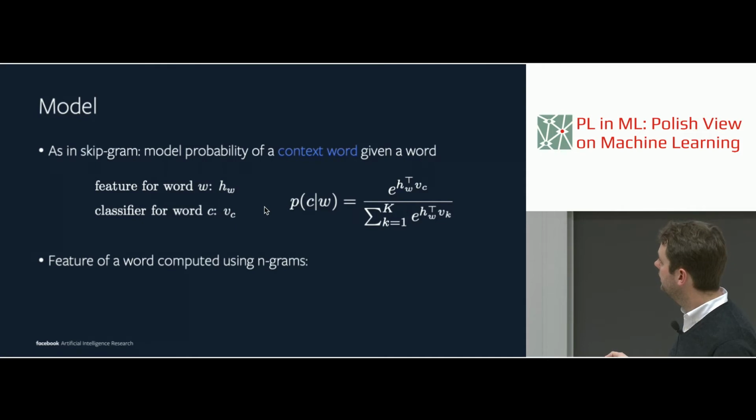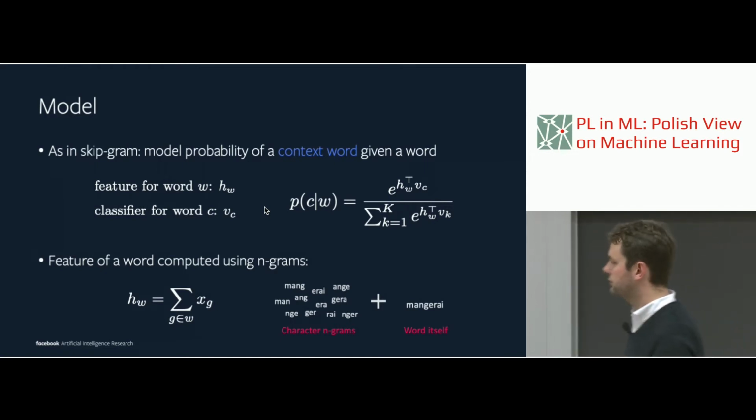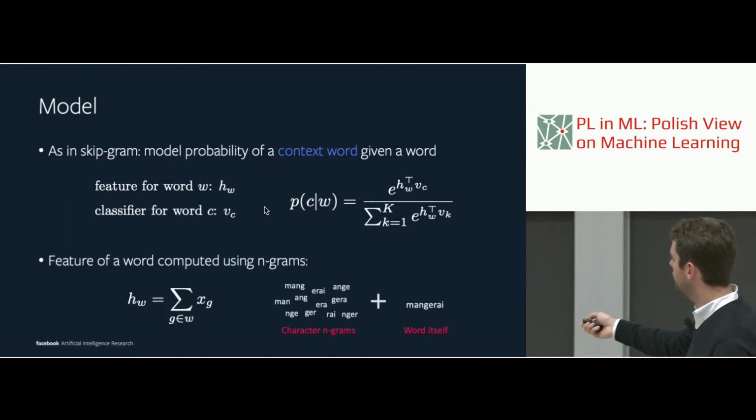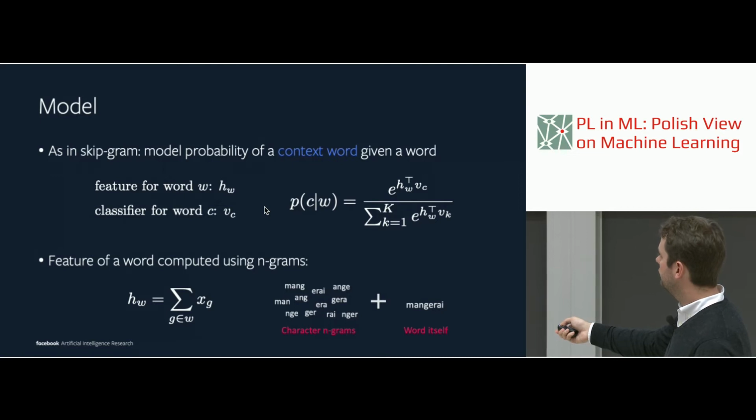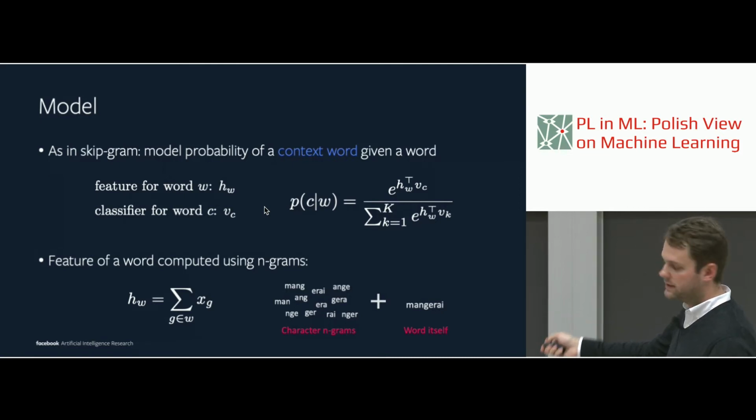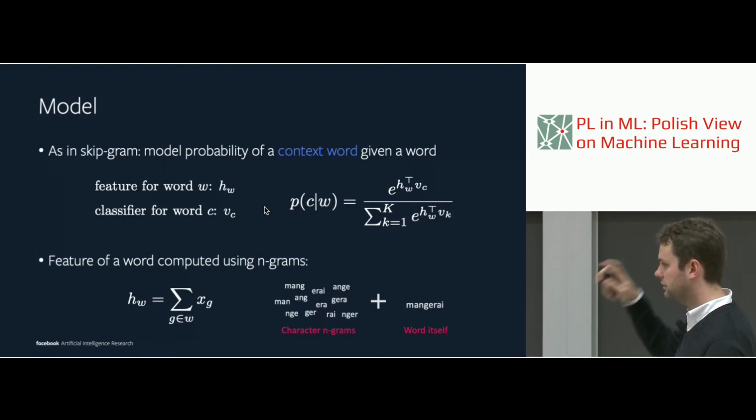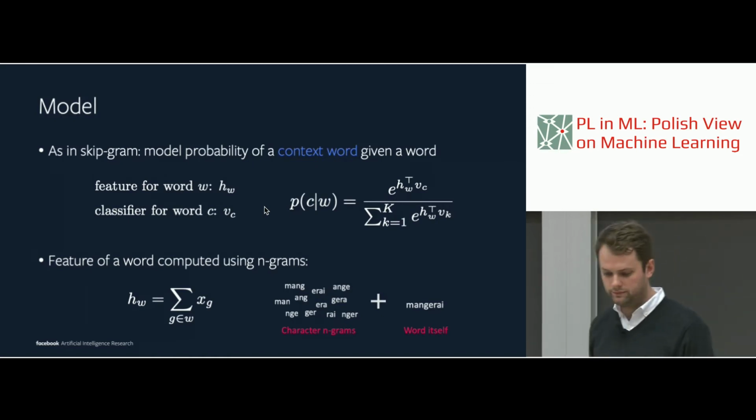And this time, the feature for the word W, it's not XW, it's HW. And we say that it's the sum over character n-grams, and we have a representation for each character n-gram. So for the word mangerai in French, you're going to have a vector for the word itself plus one vector for each substring in your word.